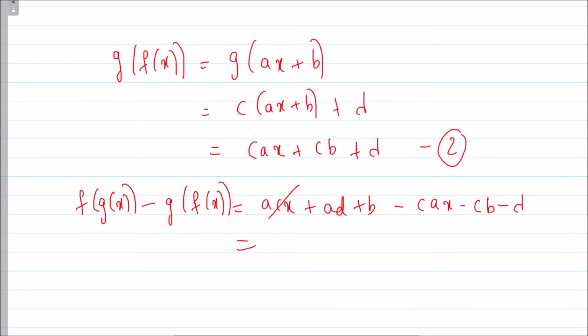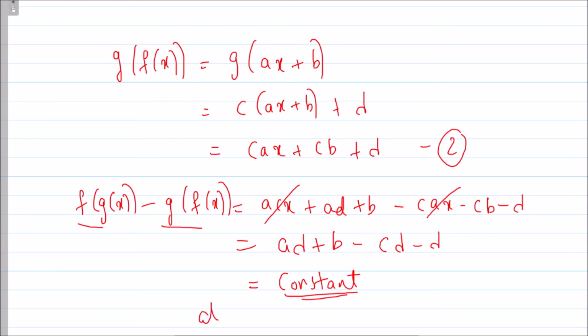But as you can see, acx gets cancelled. You have ad plus b minus cb minus d, which is nothing but a constant, because a, b, c, d are some fixed real numbers, right? So if you have two linear functions, then f compose g minus g compose f is always a constant.